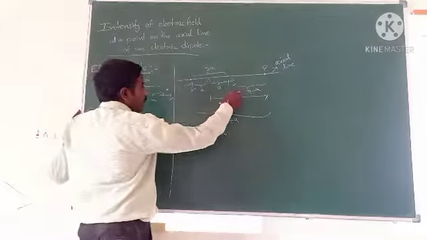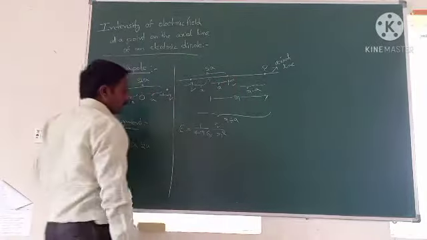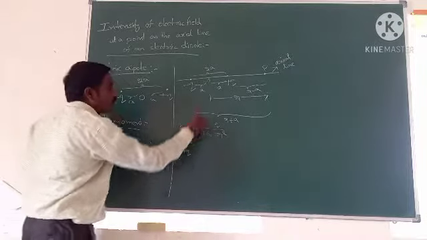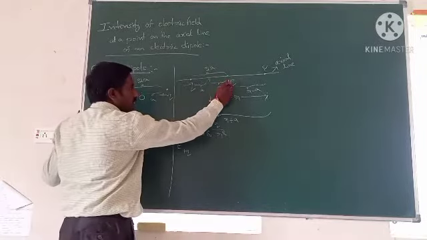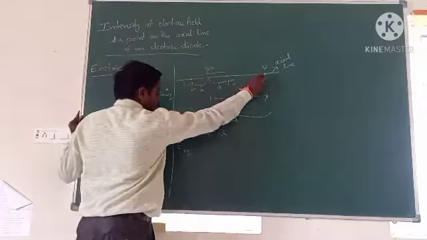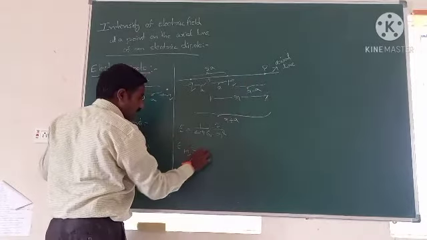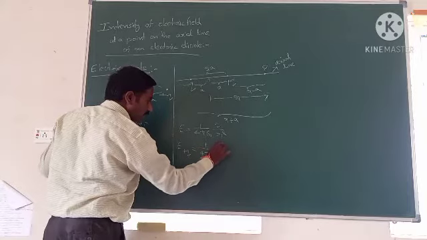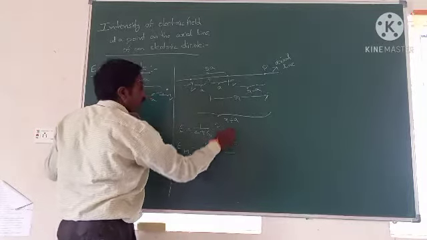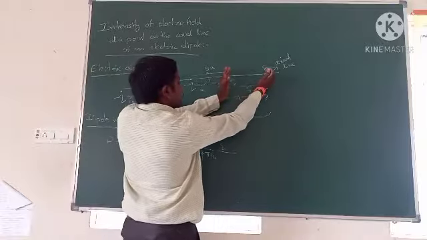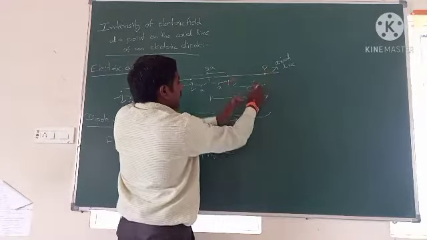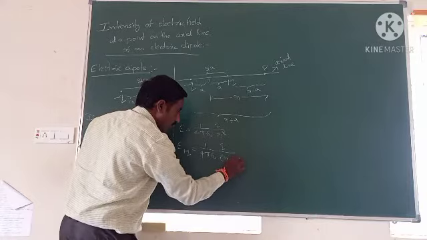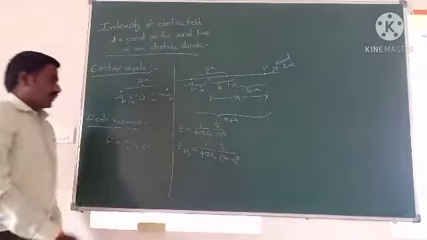For the plus q charge, the electric field intensity at point P is E plus q equals 1 by 4 pi epsilon naught, q by, what is the distance between plus q charge and P, r minus a, whole square.